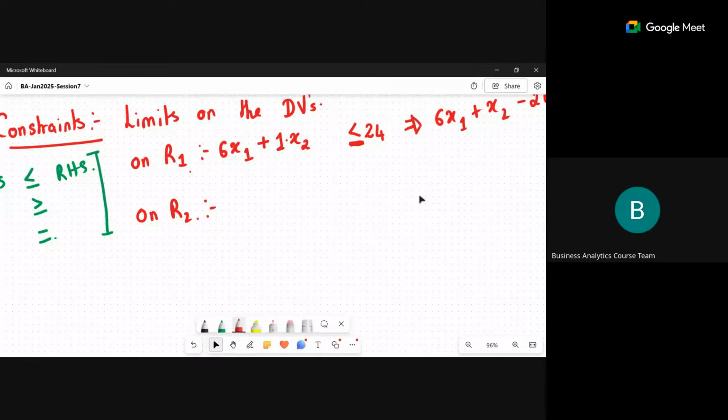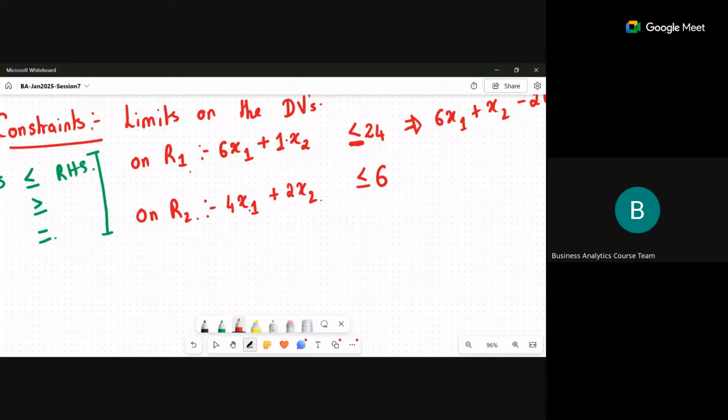What is the constraint on x1 and x2 because of R2? What is my RHS? 4x1 plus 2x2 less than or equal to 6, because I have a total of 6 units of R2.